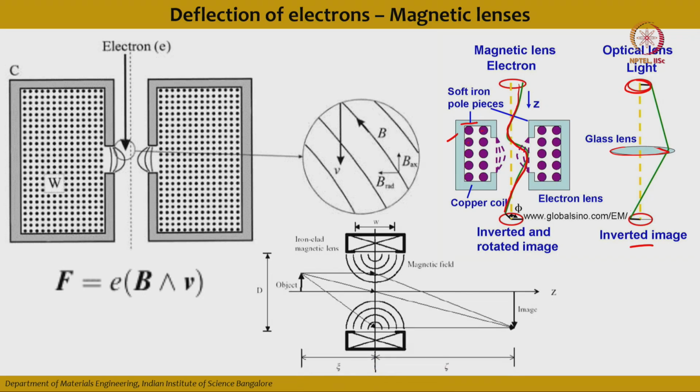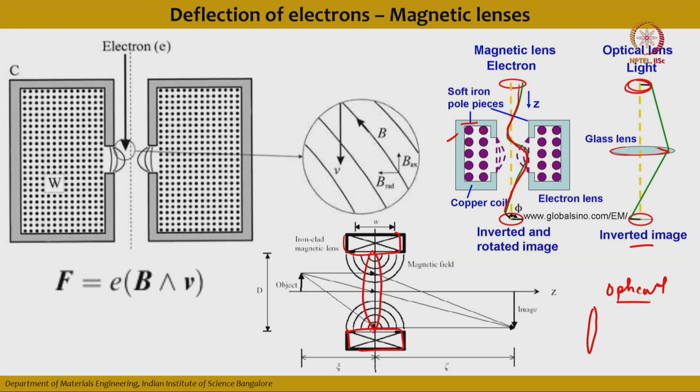Now, if you assume this in an optical system, to visualize it properly, in place of the lens you can put these electromagnetic coils. It exactly resembles a lens here.